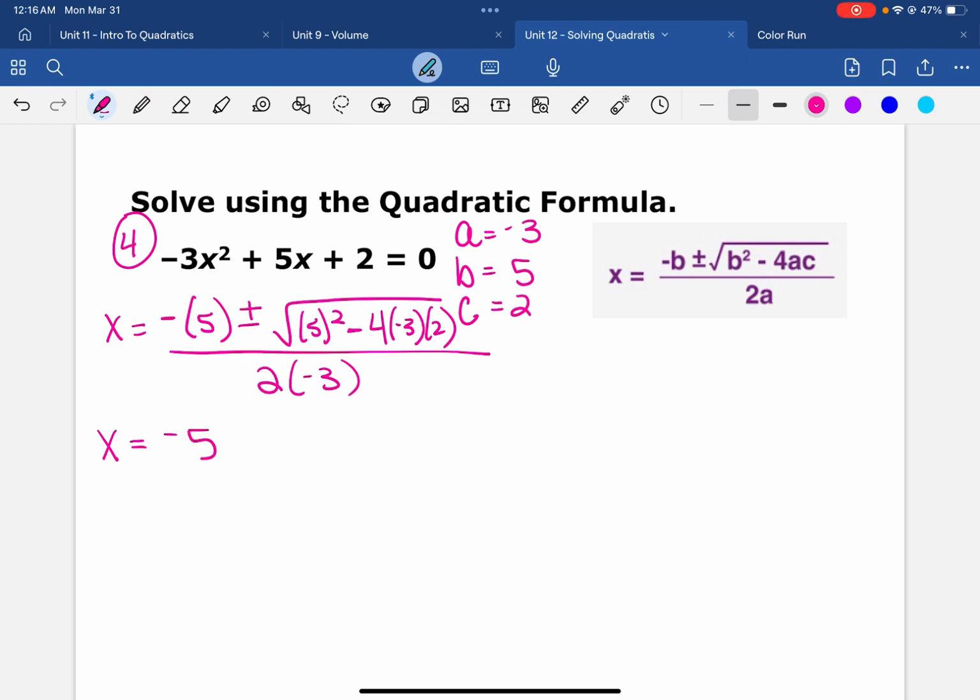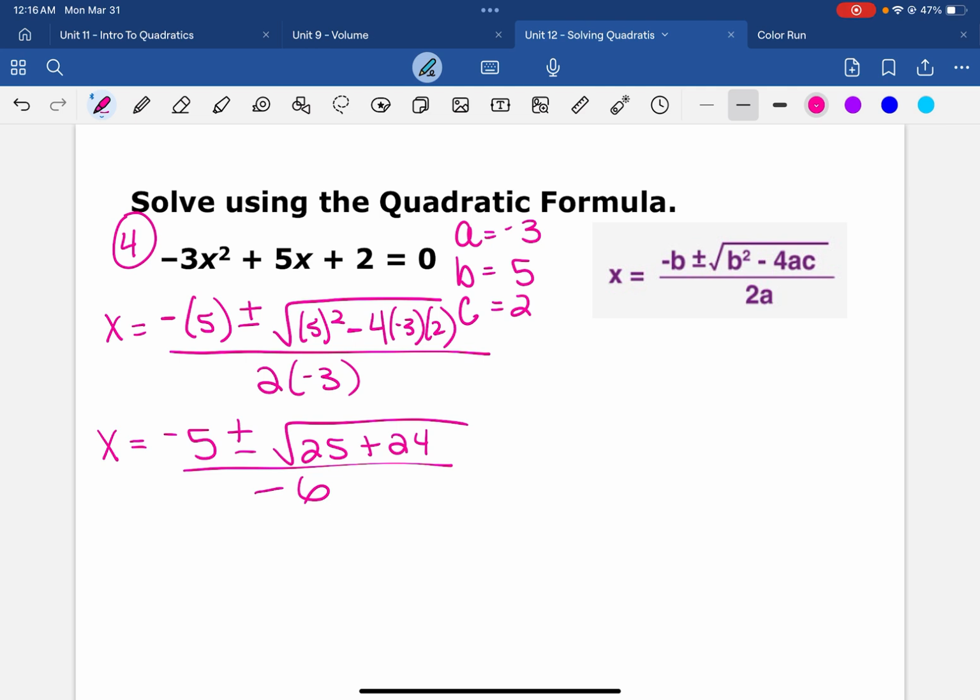X is equal to -5 plus or minus the square root of 25 plus 24. -4 times -3 is 12. 12 times 2 is 24. And that's all over -6.